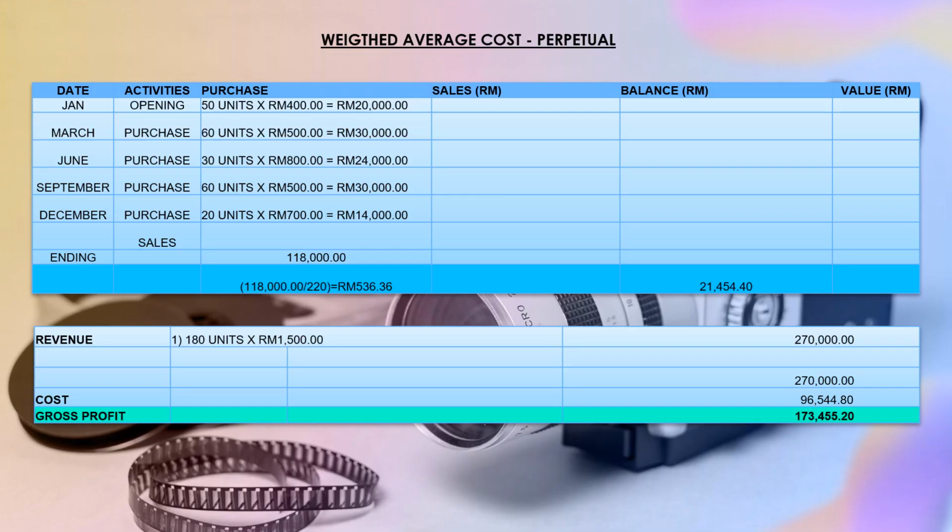And the calculation for weighted average cost in periodic. As you can see here, the weighted average cost method divides the cost of goods available for sale by the number of units available for sale.